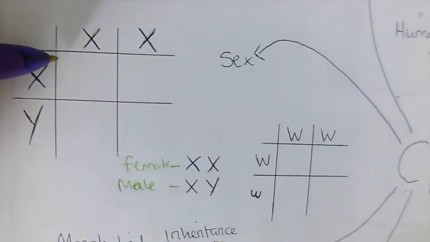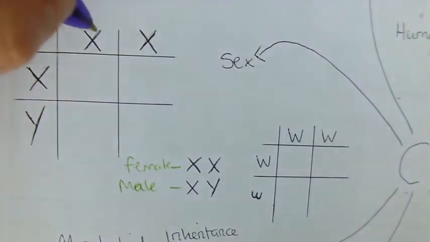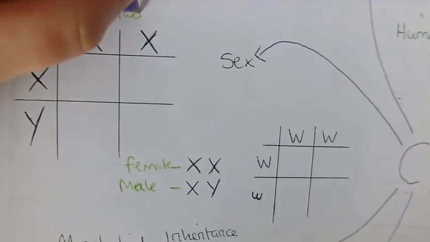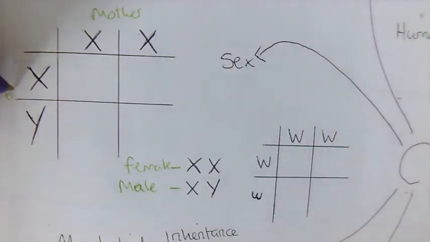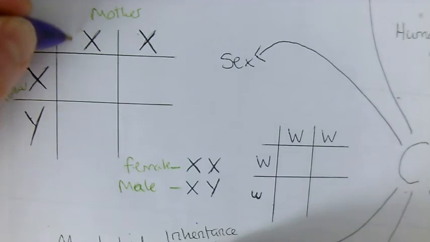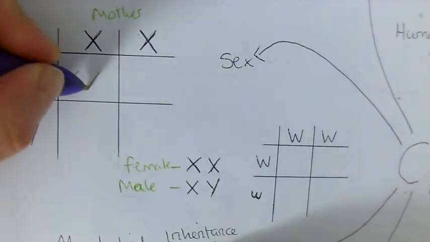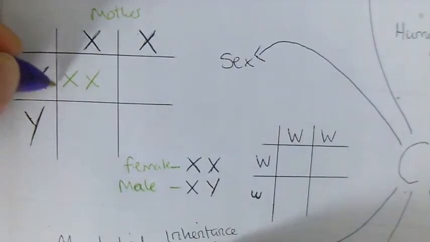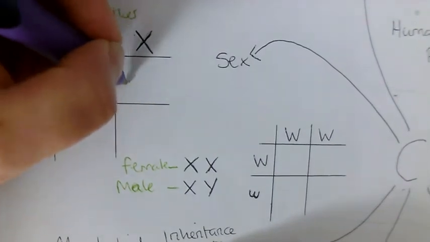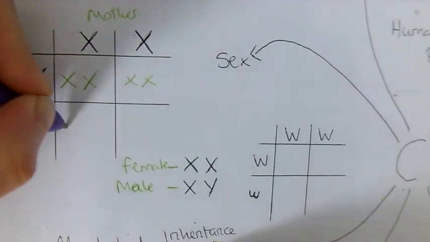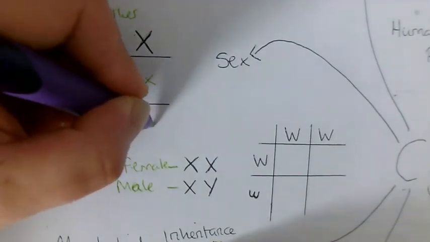So here I've got a female, so this is the mother, and this bit here is the father. So when they mate, you just put into the box what you see. So XX, XX here, XY, XY.